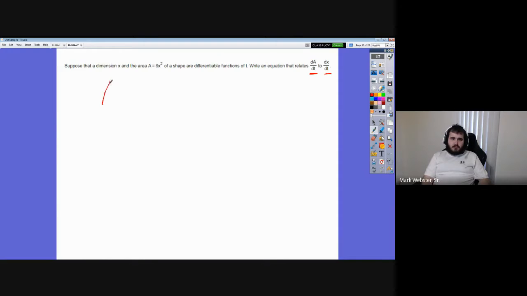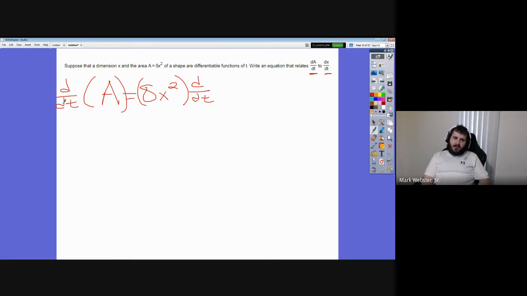And this is going to be true pretty much for every problem that we do here. Basically, we're taking the implicit derivative of both sides, but instead of being with respect to x or with respect to y, we're doing this with respect to t. So we're going to end up with an extra factor of dA/dt and an extra factor of dx/dt, right?